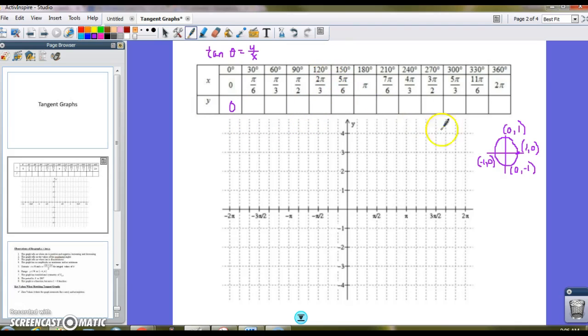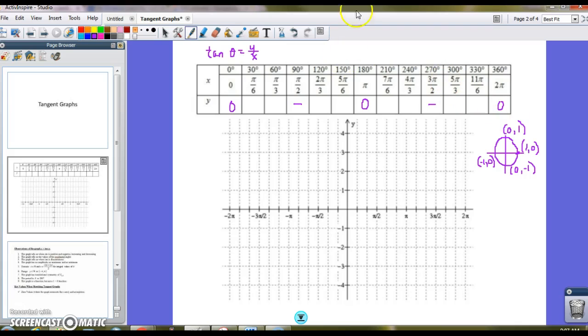At 90, or at pi over 2, I would have 1 over 0, which is undefined. So I'm just going to leave that blank. When I get to 180, 0 over negative 1 is 0. When I get to 270, or 3 pi over 2, again, I'm doing negative 1 over 0, so that's undefined. And then when I get back to 2 pi, that would be 0 again.